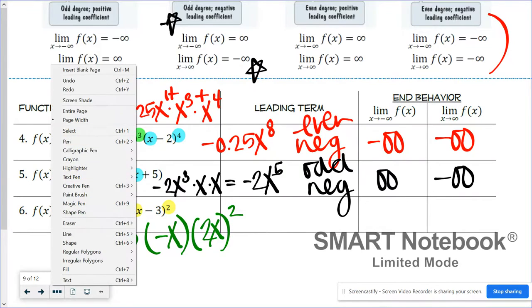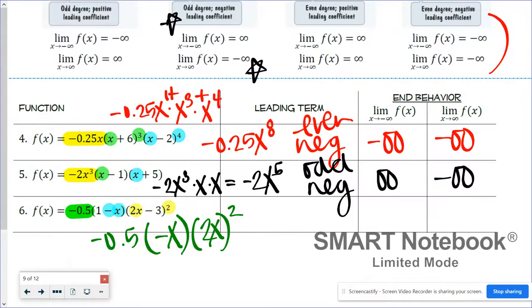Okay, and so you may recall for that 2x squared, I have to share the power. So I'm going to have negative 0.5 times negative x times 4x squared, because 2 squared is 4, and it'll be 4x squared because I'm sharing the power.